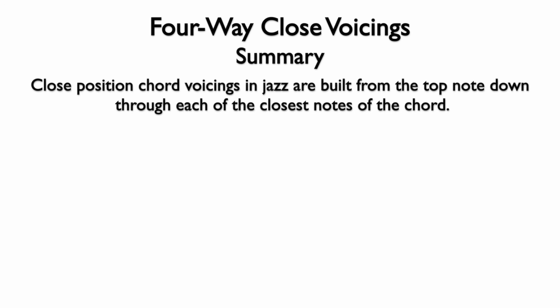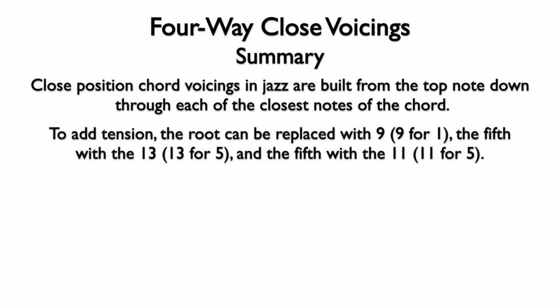Let's summarize. Close position chord voicings in jazz are built from the top note down through each of the closest notes of the chord. To add tension, the root can be replaced with the 9, 9 for 1. The 5th with the 13, 13 for 5. And the 5th with the 11, 11 for 5.